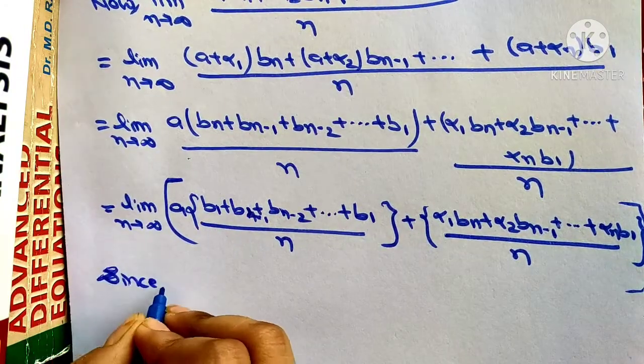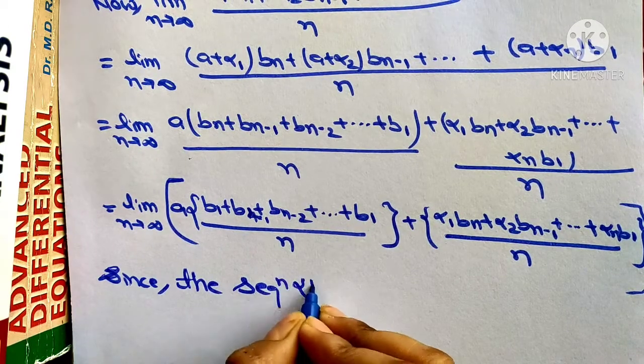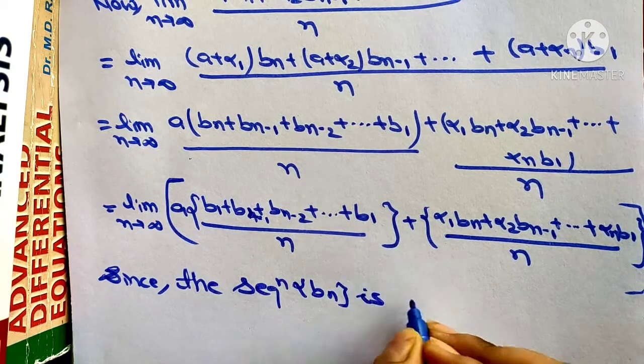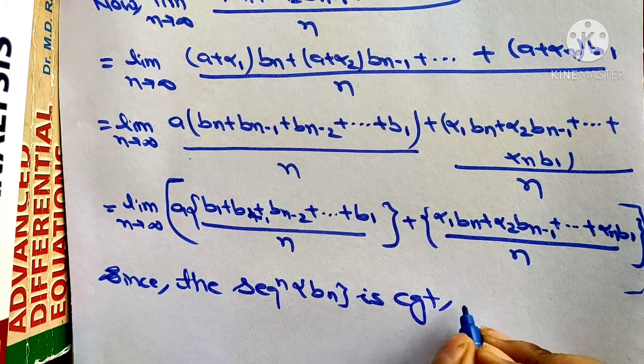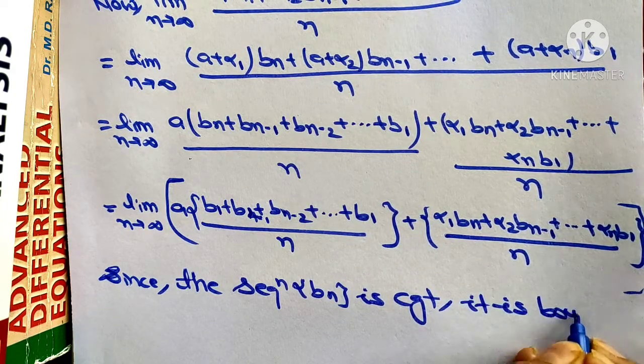Now we know that the sequence bn is convergent, then it is bounded also.